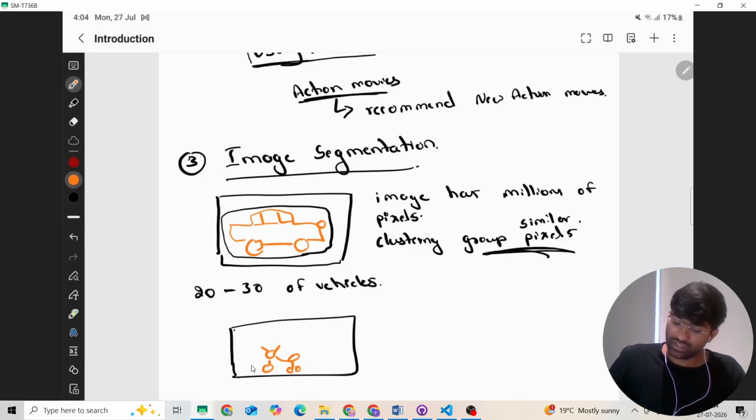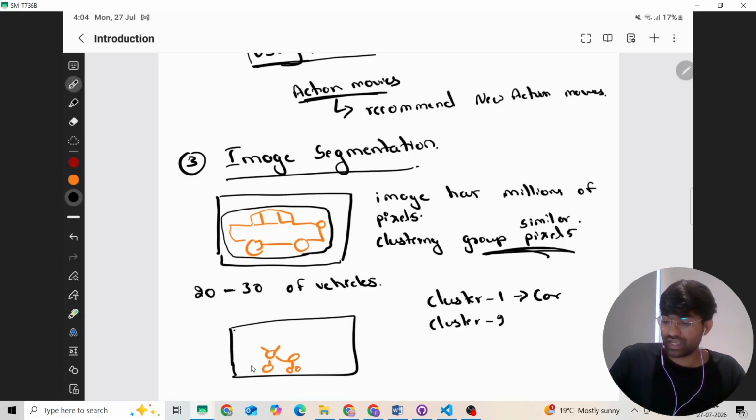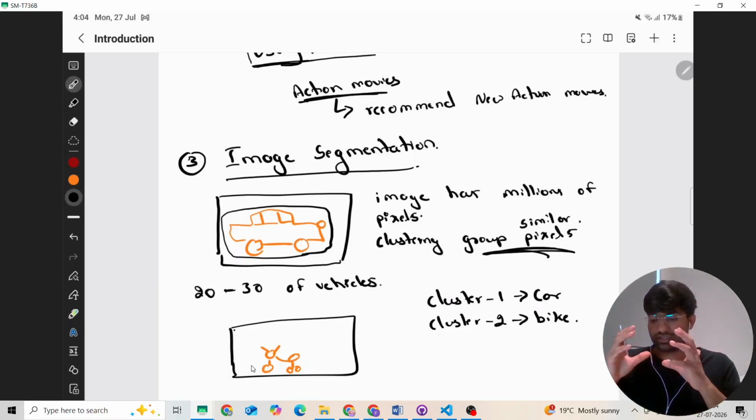In this way, it will form different clusters. Suppose cluster 1 is for car and cluster 2 is for bike. Whenever I give a new image, based on the pixels contained in that image, it will predict whether the image has a bike or a car.